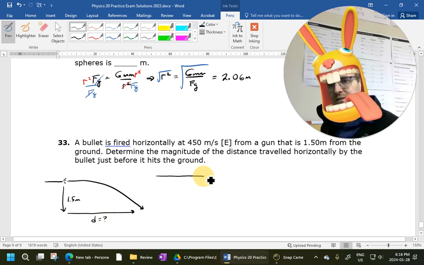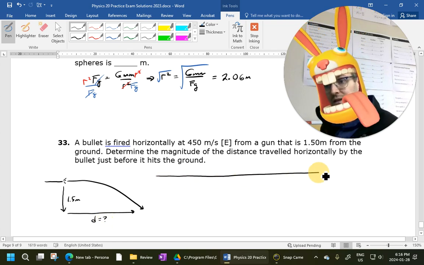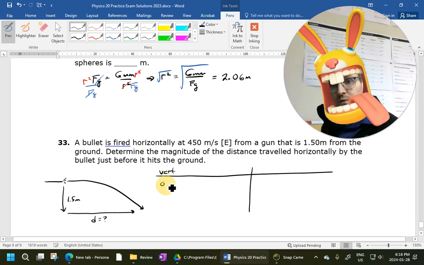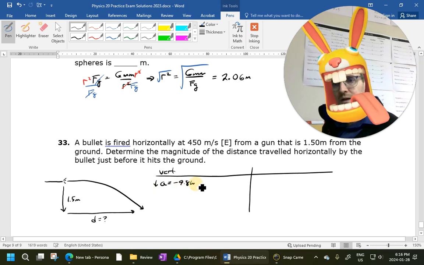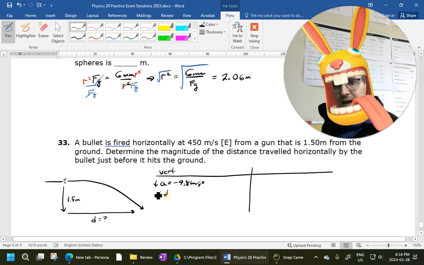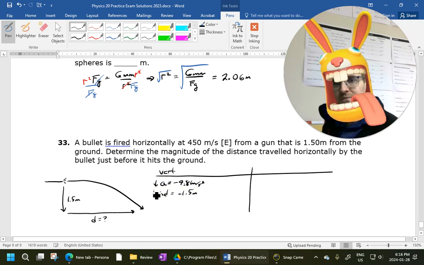Because of this projectile motion, we've got this kind of T-chart, right? We have our vertical section where our acceleration down is negative 9.81 meters per second squared. It's traveling down negative 1.5 meters.